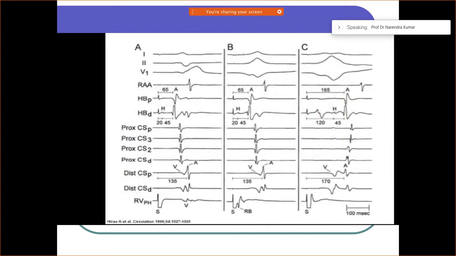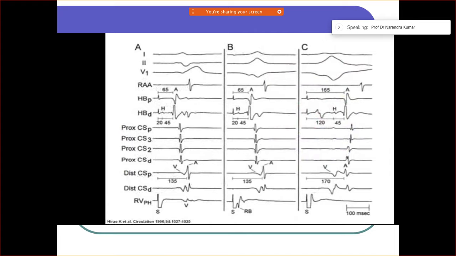The earliest over here is at the His bundle distal, if we draw a perpendicular line over here. Similarly, for the wide QRS, both the His bundle distal and the distal CSPA are in fact early. Any doubts about it?